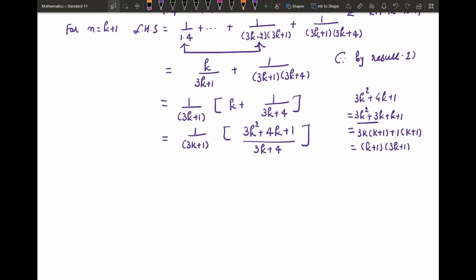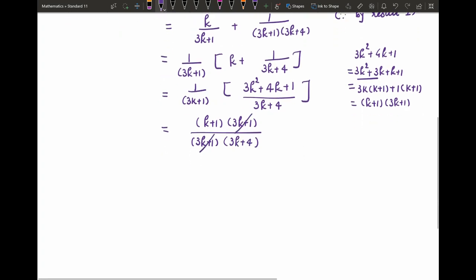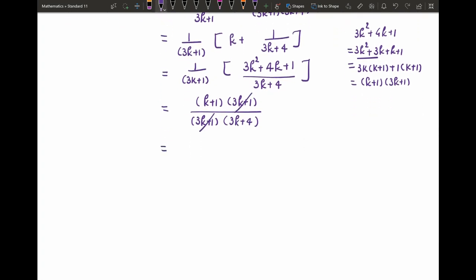So the numerator we have factorized as (k plus 1)(3k plus 1) upon (3k plus 1) into (3k plus 4). One factor we can cancel, so remaining it will be k plus 1 upon 3k plus 4.